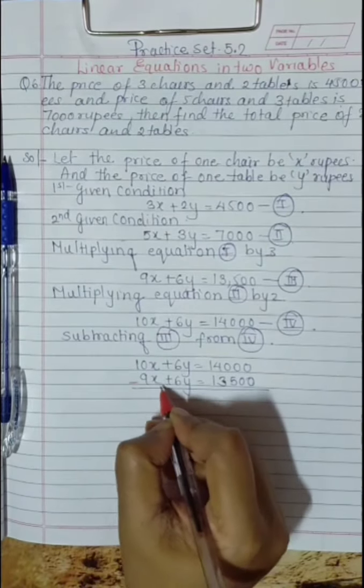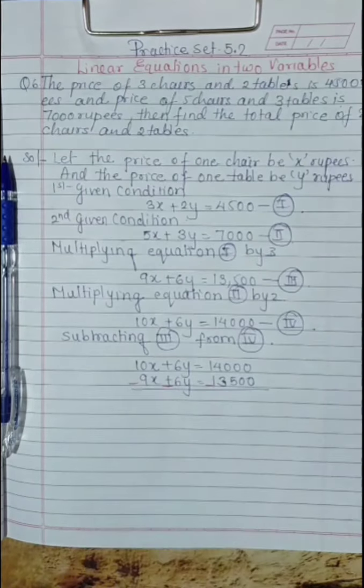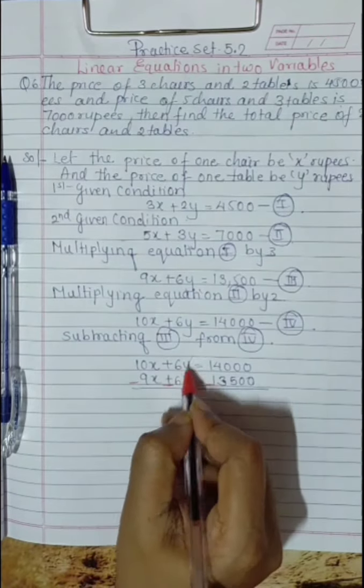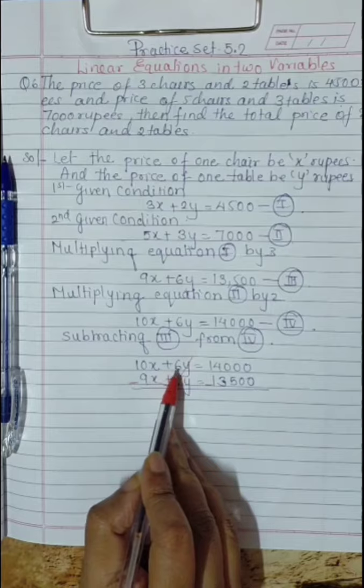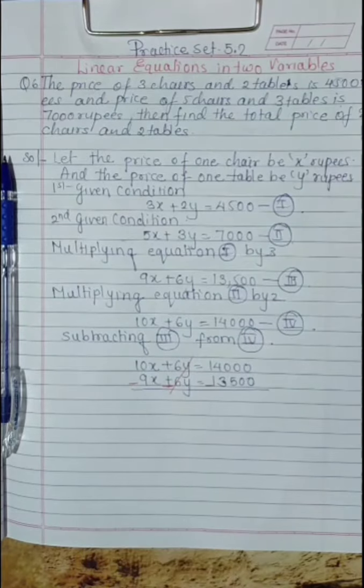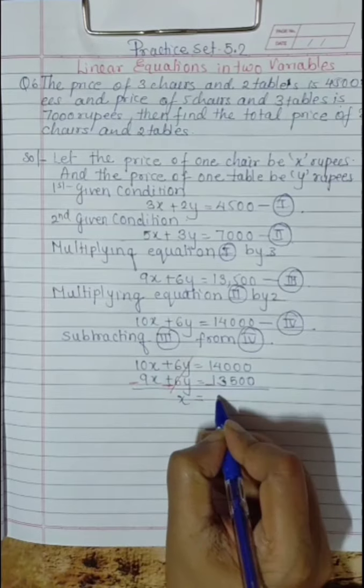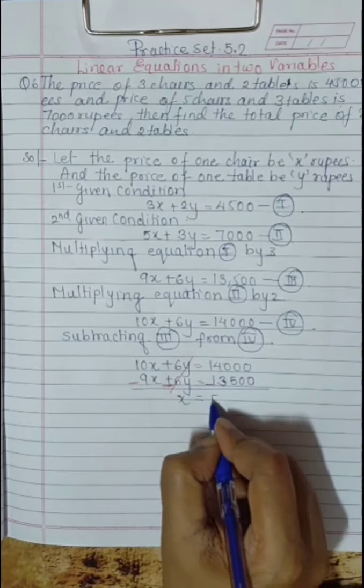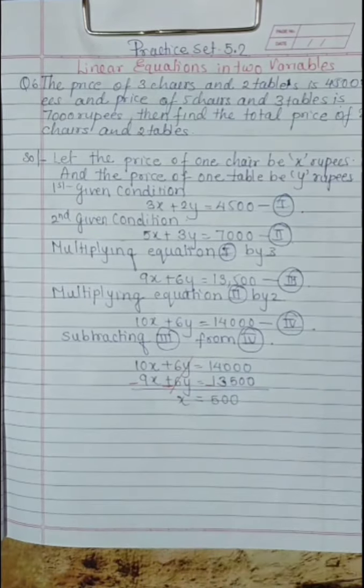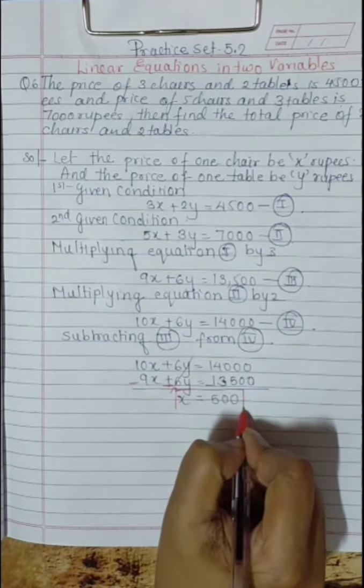Here minus will come, here minus, here minus. Now minus plus will be cancelled, plus 6y and minus 6y get cancelled. So what remains? x is equal to, when we subtract both, we get 500. So x is equal to how much?